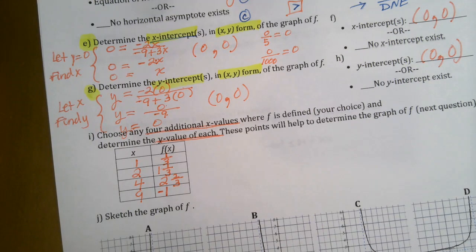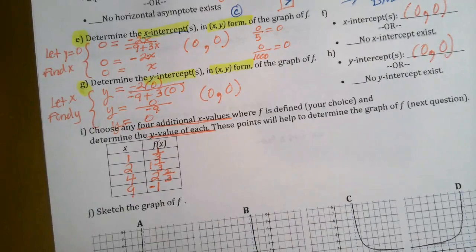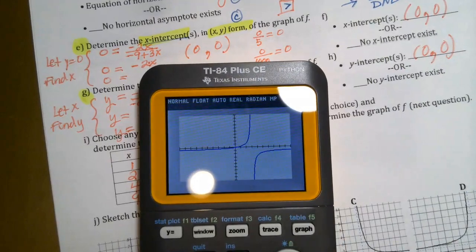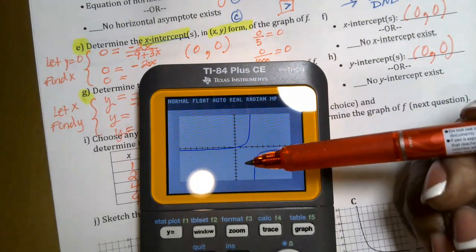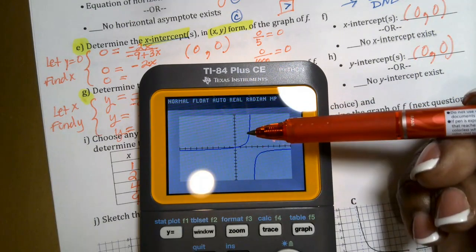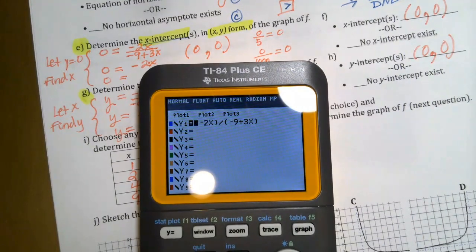And so now we're going to use all of this information to sketch the graph of f. This is multiple choice. I would like to go back and press the graph function, and I see that there is a vertical asymptote right here. I'm going to go back and press y equals because in part D we had the horizontal asymptote at y equals -2/3.